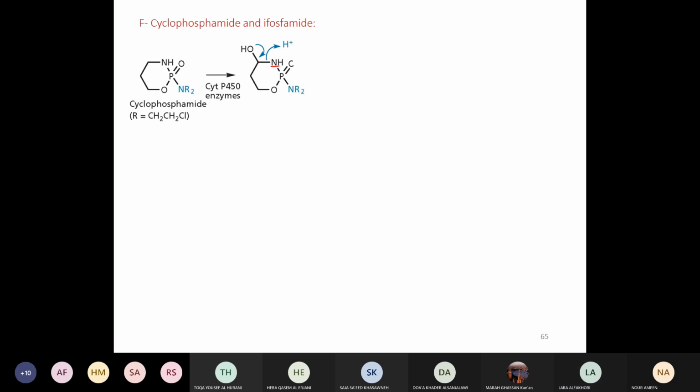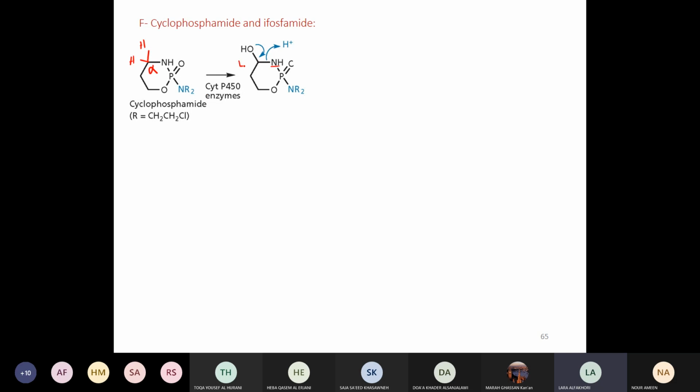You all know that in any drug, the alpha carbons adjacent to a nitrogen are subject to oxidation, meaning metabolizing enzymes can replace one of the hydrogens on the alpha carbon with a hydroxyl.